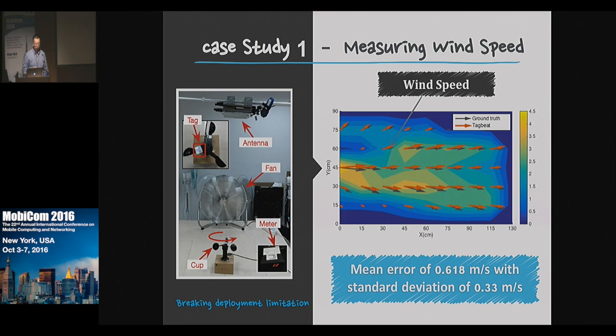And next, I present two case studies. The first study is to measure the wind speed. The wind speed can be measured using a tool like this. This tool is composed of 3 cups, and it is wire-connected to a meter. The meter supplies the energy and collects the signals from the cups.